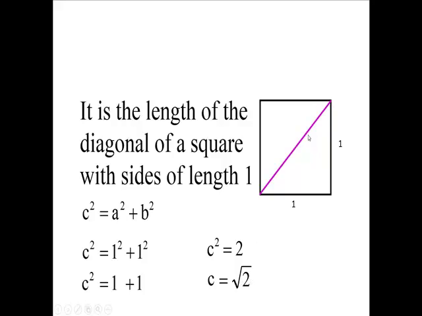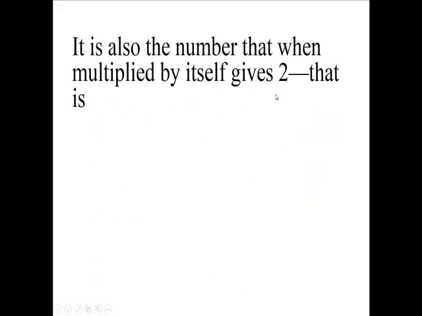So exactly how long is the square root of 2, which is this side? If you square the square root of 2, you're going to get exactly 2. That's c squared is 2.